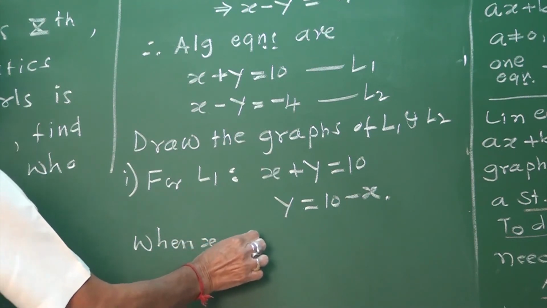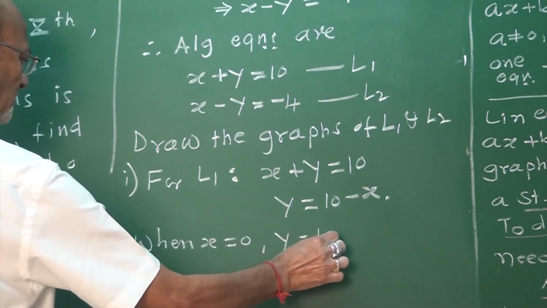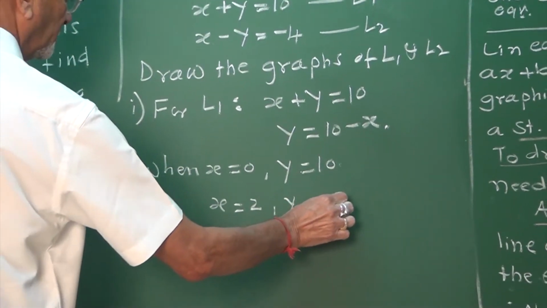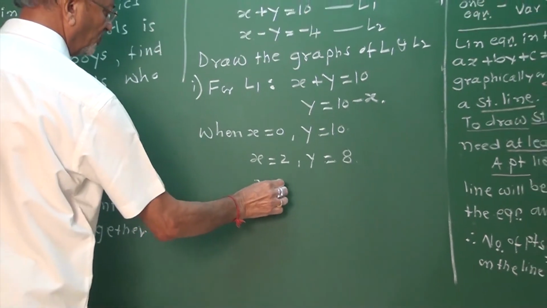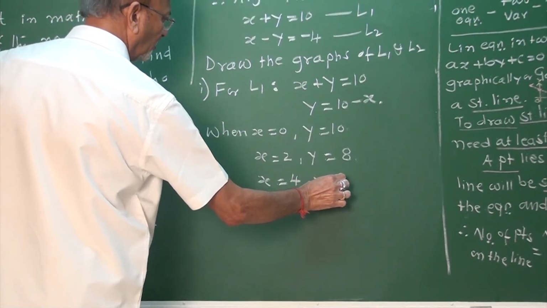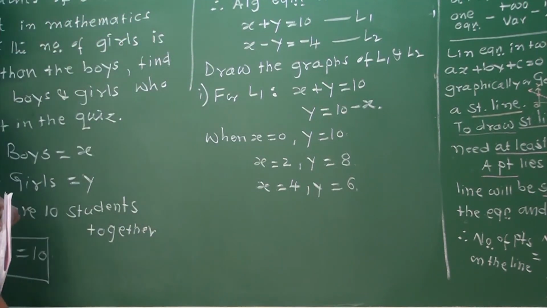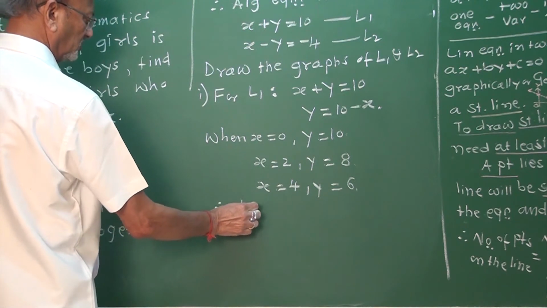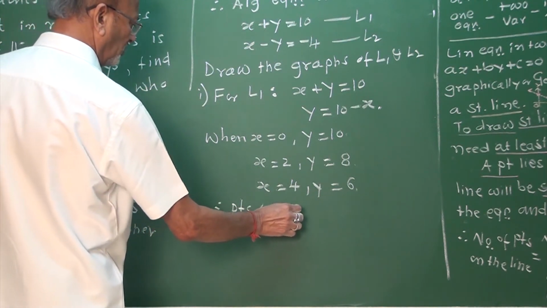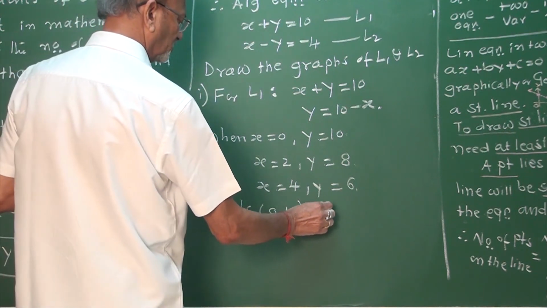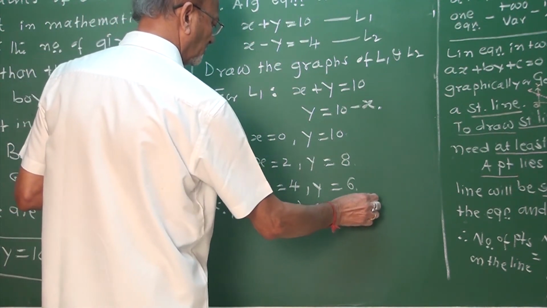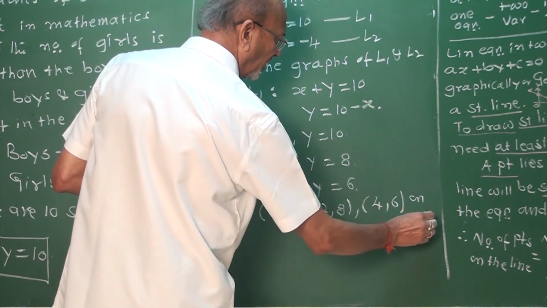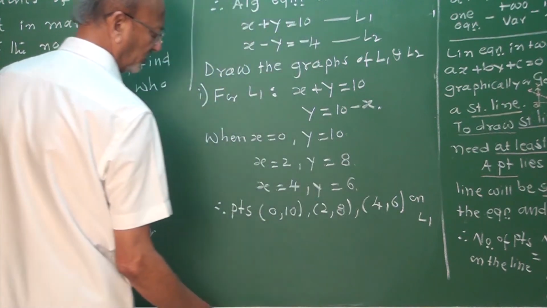When x is 0, y is 10. When x is 2, what about y? It is 8. When x is 4, what about y? y is 6, my friends. Therefore, the points, first is what? 0, 10. What is second? 2, 8. What is third? 4, 6 are on the line L1.